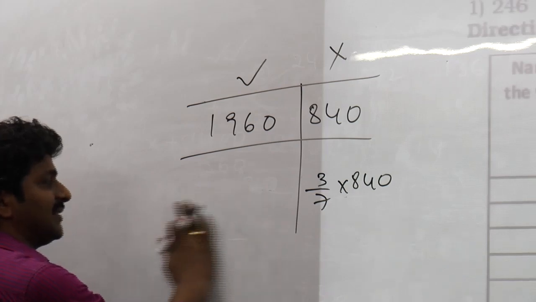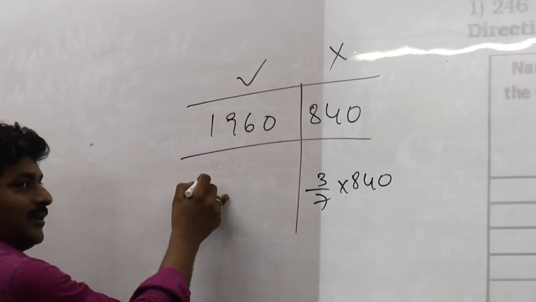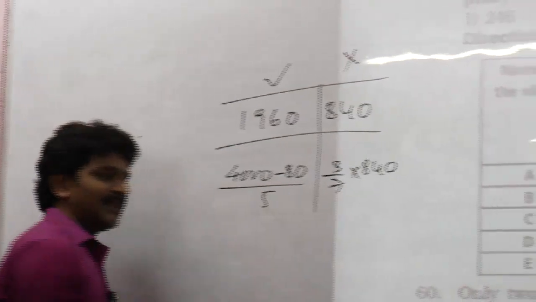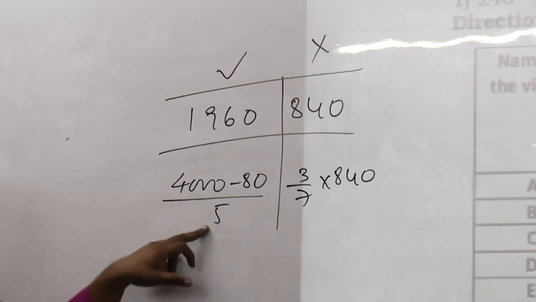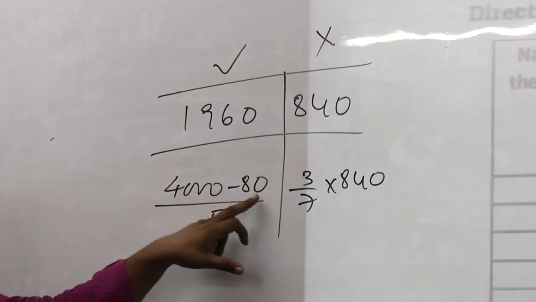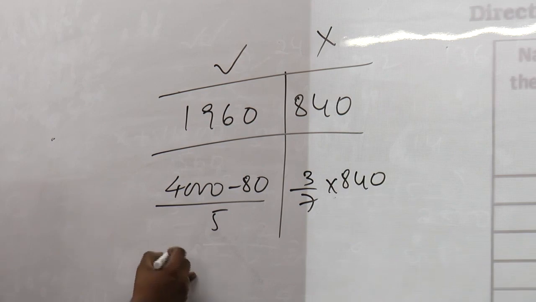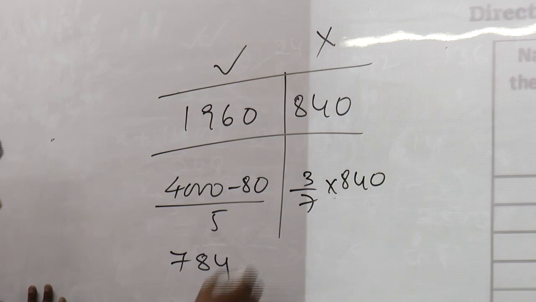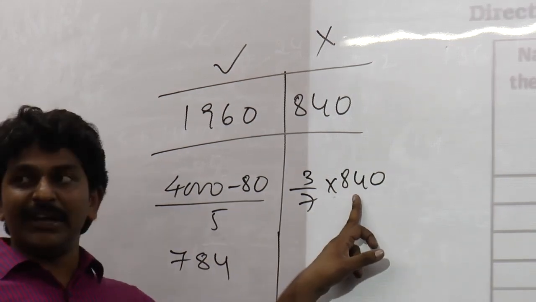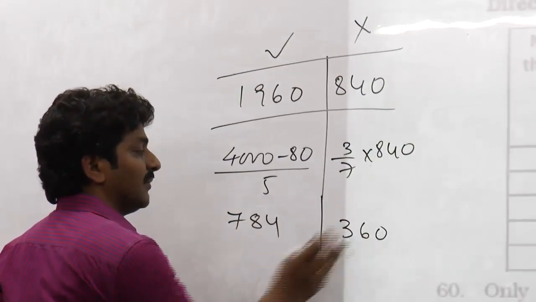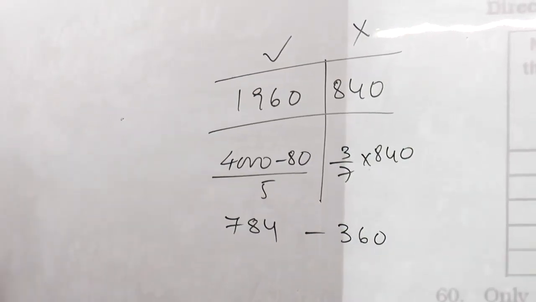And now I will write it as 80 less than 4000, divided by 5. 800 divided by 5 is 16. 800 minus 16 is 784. 120 times 7, 120 times is 840. 3 times 120 is 360. It asked about difference. 424.